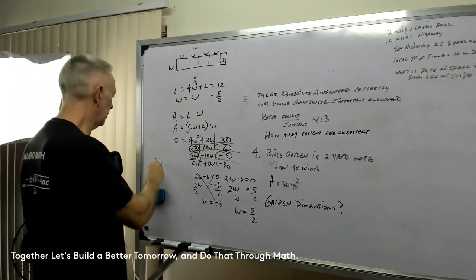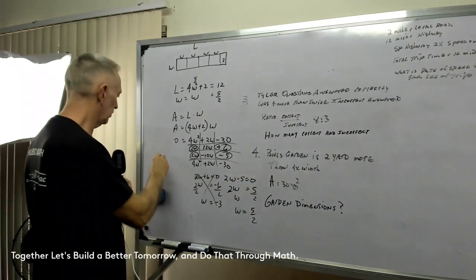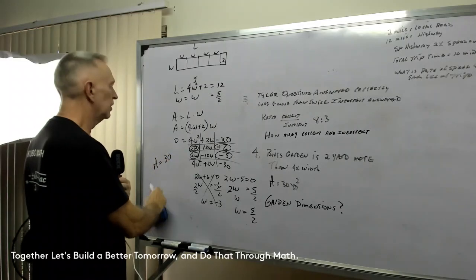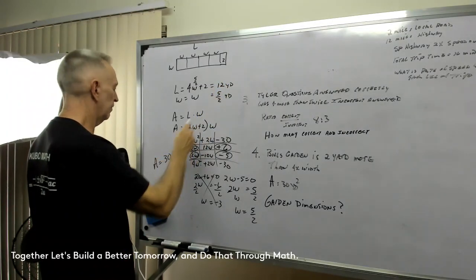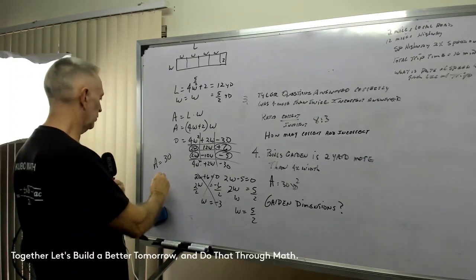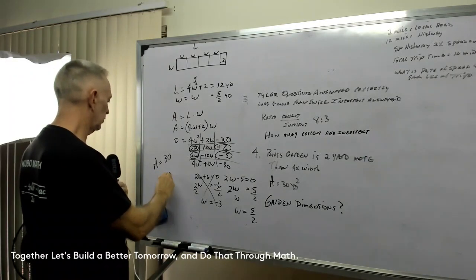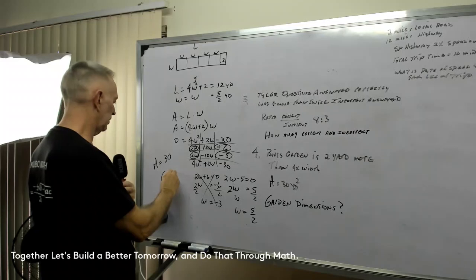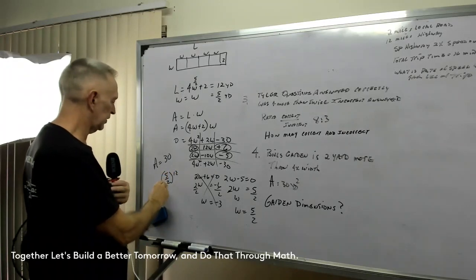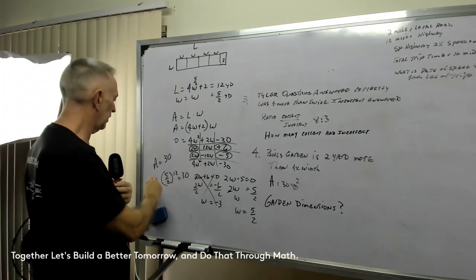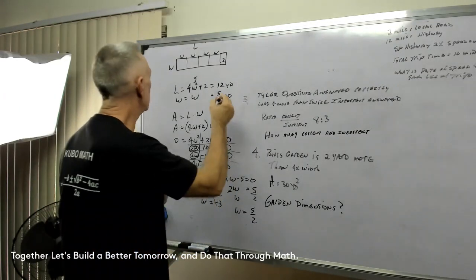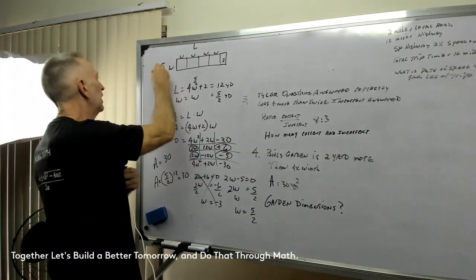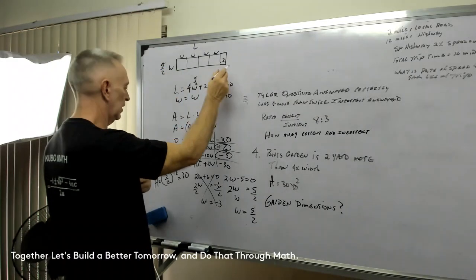Remember the area was 30 square yards. So 5 over 2 times 12, 12 times 5 is 60, 60 divided by 2 is 30. So the dimensions of his garden would be 5 over 2 by the length of 12.